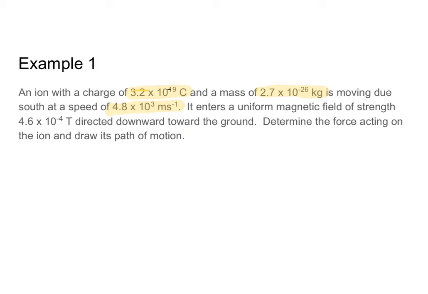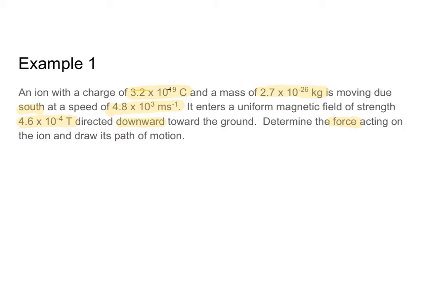It enters a uniform magnetic field of strength 4.6 times 10 to the negative 4th Tesla, directed downward. And we're going to go ahead and highlight south and down as well. Determine the force acting on the ion and draw its path of motion.